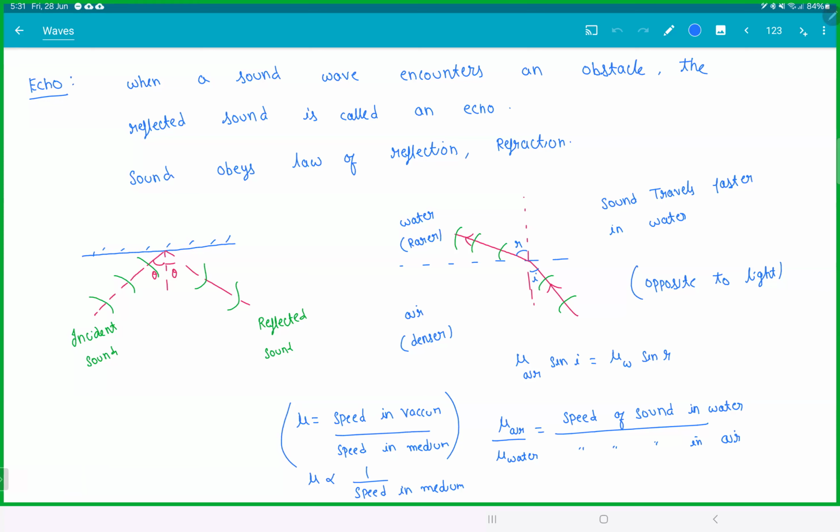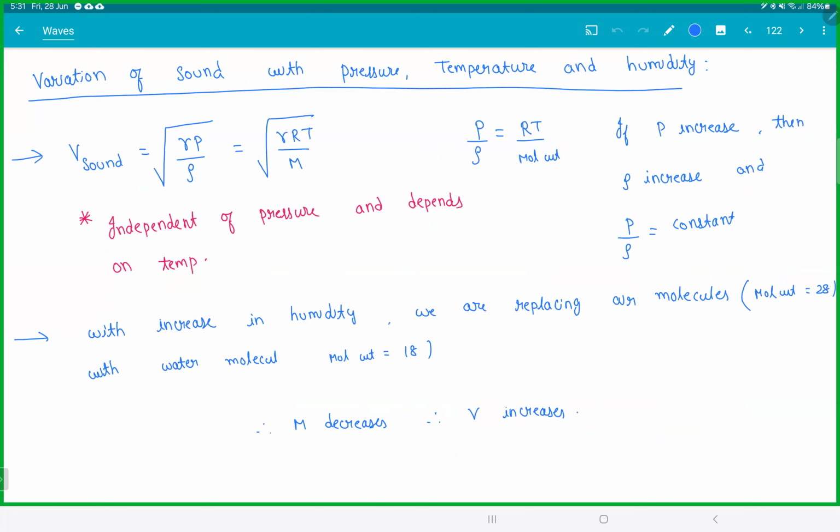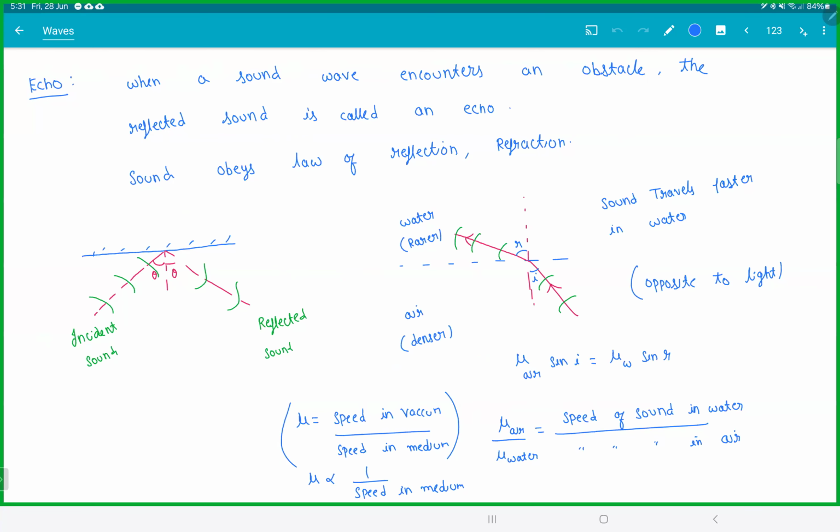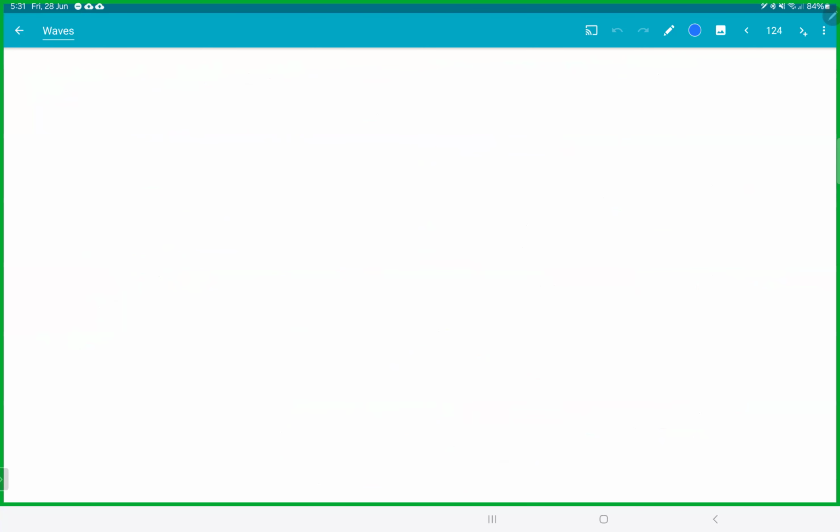So last thing we were doing was an echo. Okay, let's do a problem on this. Let's say we have a tall building.